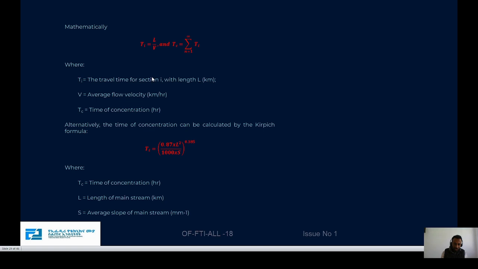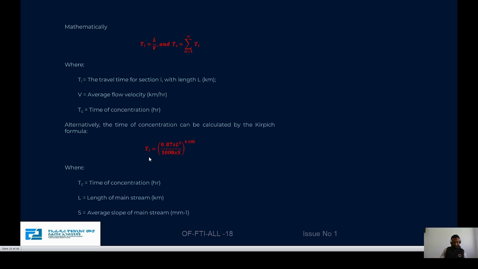So the first section is forest, the second section is flat, the third section is paved. So there are different cross sections, so the catchments have their own traveling time. And also the time of concentration can be calculated by the Kirpich formula.